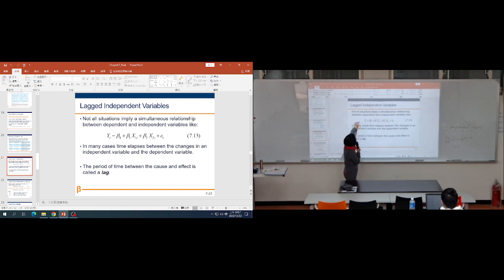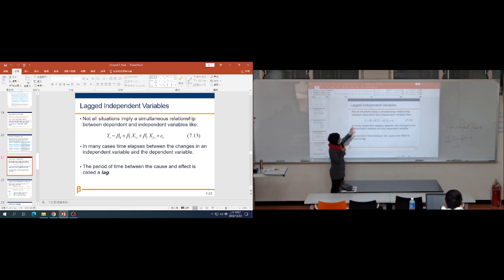But when we say lagged independent variables, we are really talking in terms of time. So look at the notation here. If Y_t and X1_t, X2_t, what do we mean by all this in terms of T? It means in the same period, same year, same month, or same quarter.